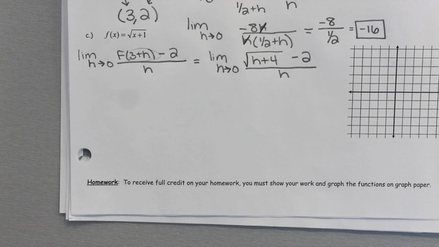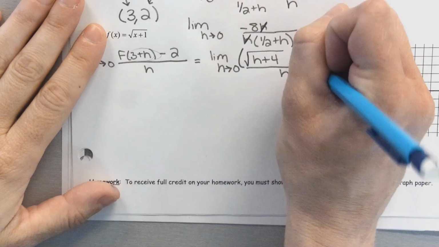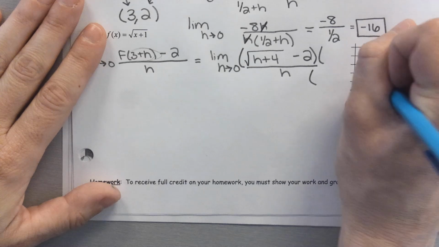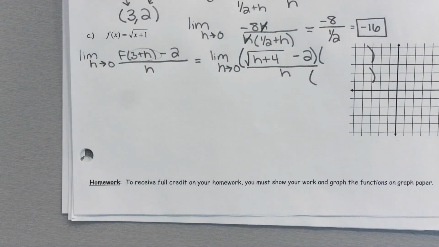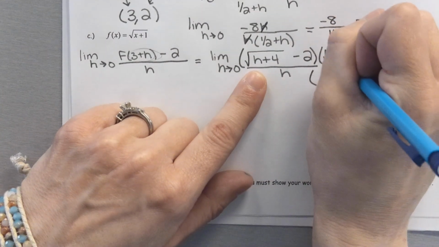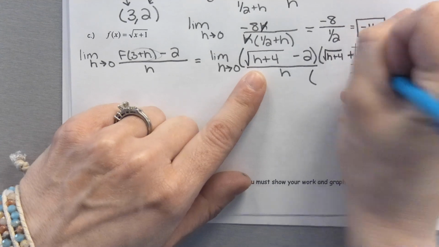Rationalize. Good. Okay. So I need to multiply by the conjugate. What's the conjugate of this thing? h plus 4 plus 2.